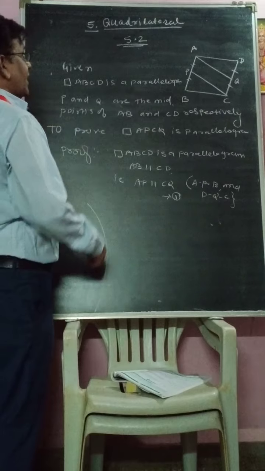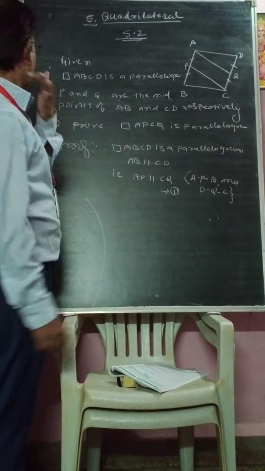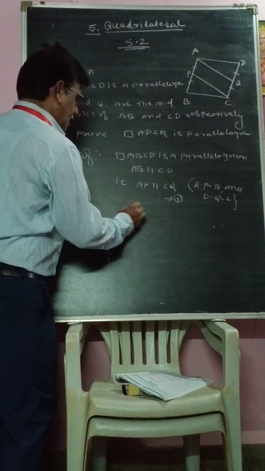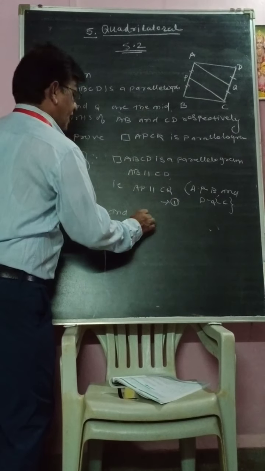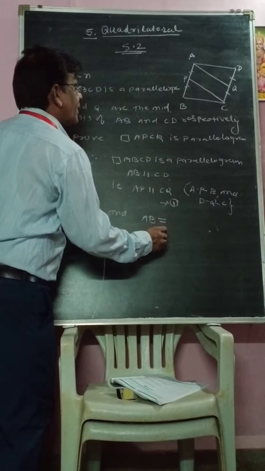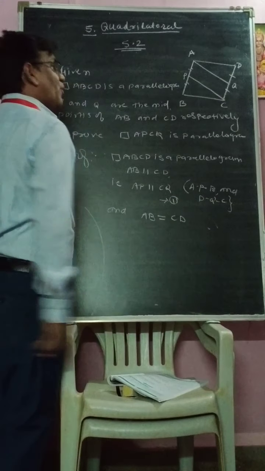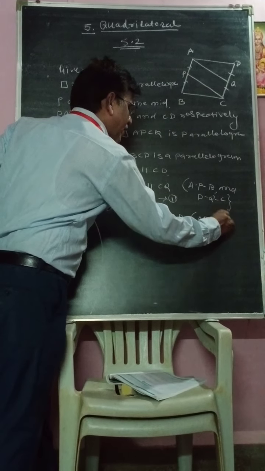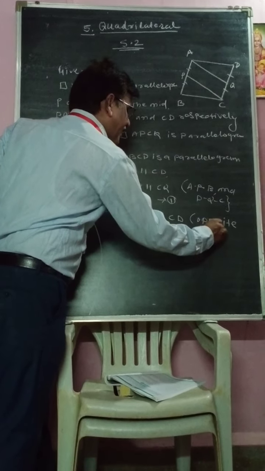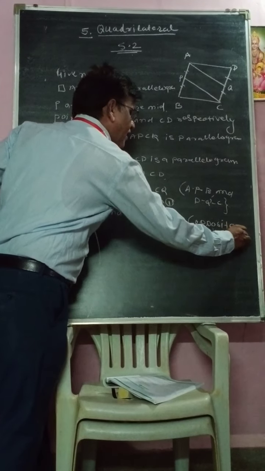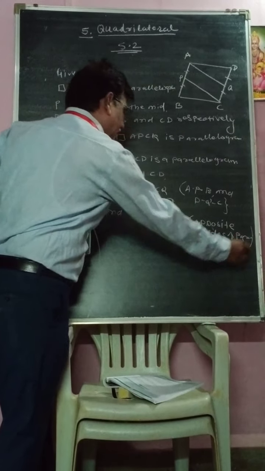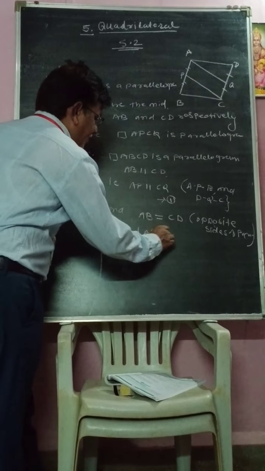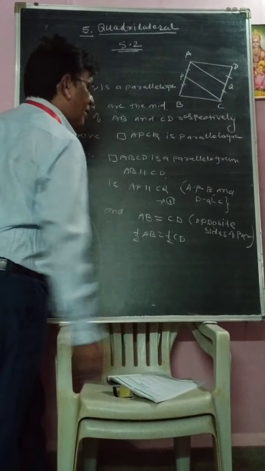Now, since ABCD is a parallelogram, AB is parallel to DC, and AB is congruent to CD, because opposite sides of a parallelogram are congruent. Therefore, half of AB is equal to half of CD, by multiplying both sides by half.